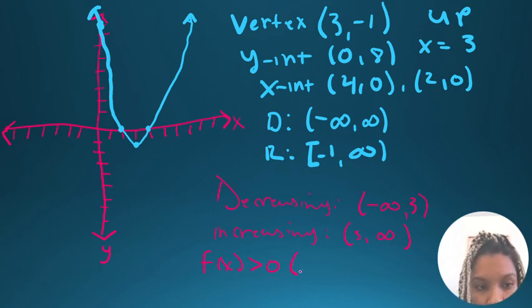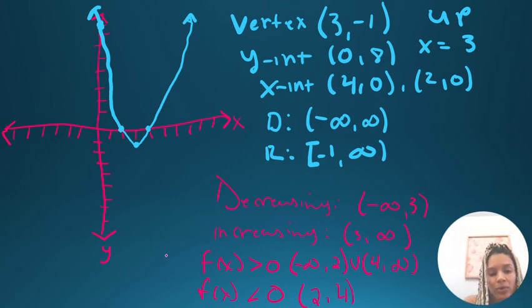So the y's are positive from negative infinity to 2, union from 4 to positive infinity. And where is the function less than 0? What is below the x-axis? That will be from 2 to 4.